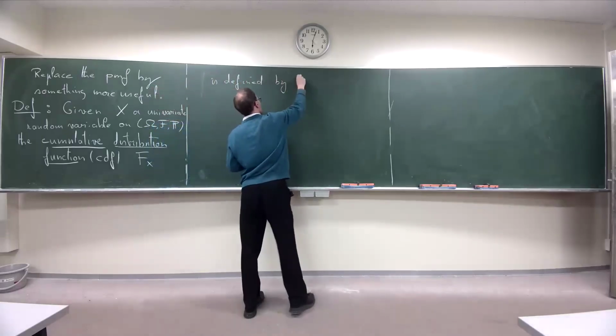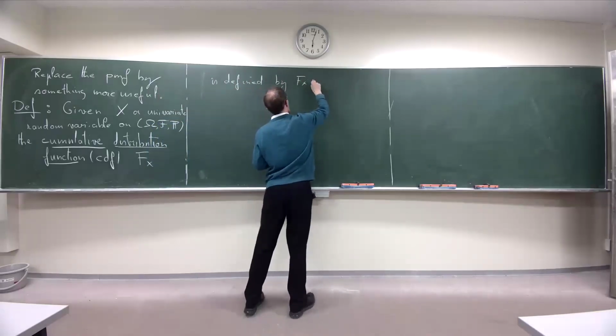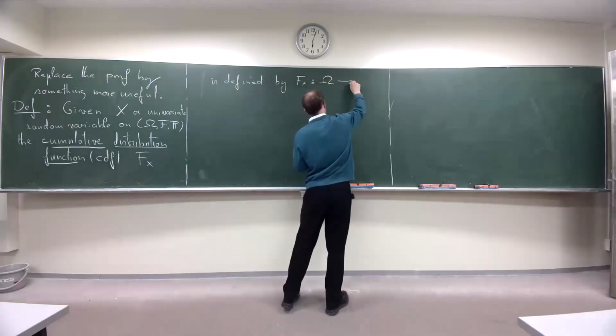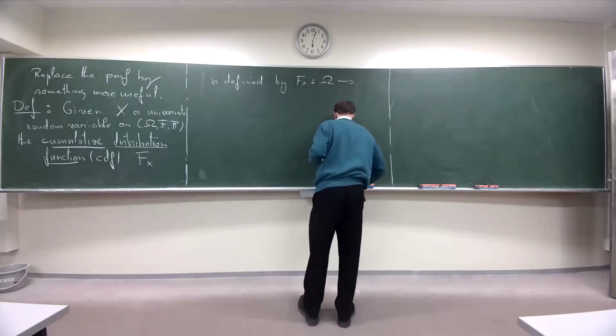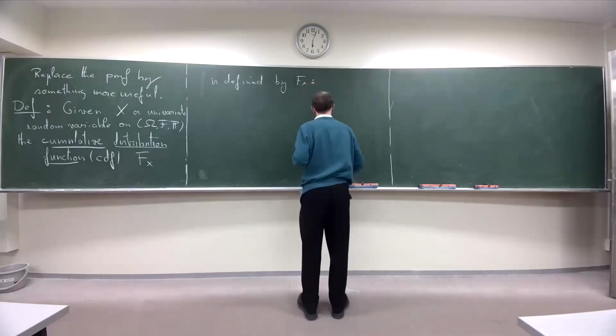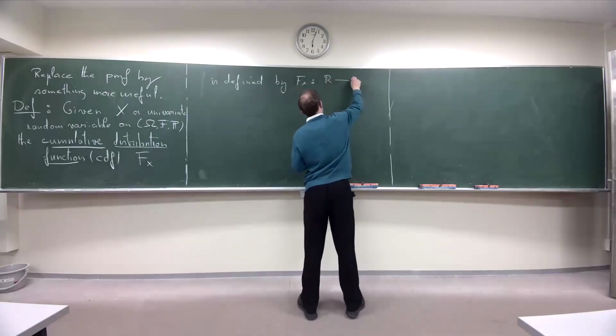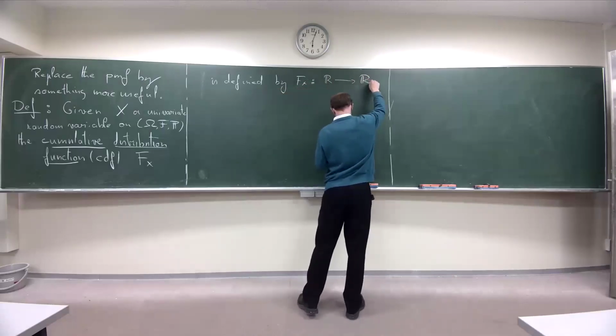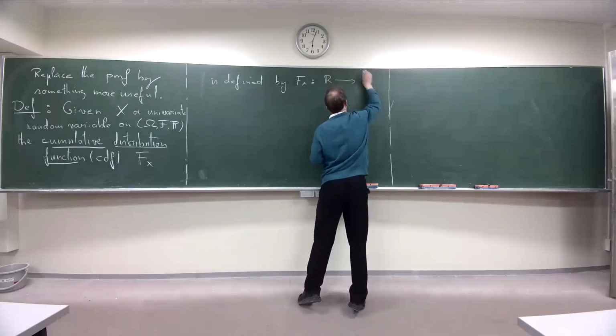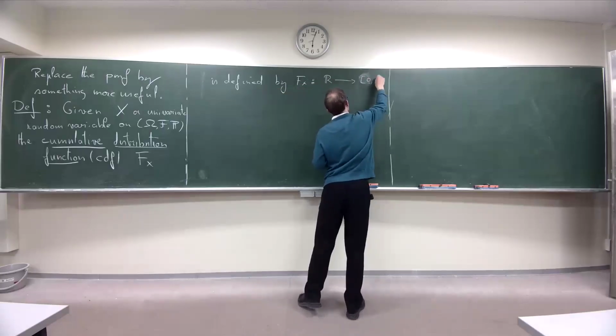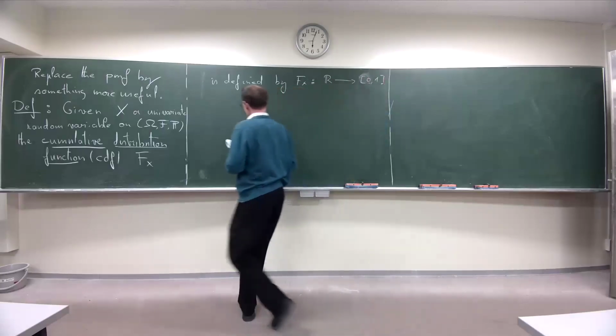So first, this function, it's a function on omega with value, no. It's a function on R. A function on R with value in [0, 1]. And how do we define it?